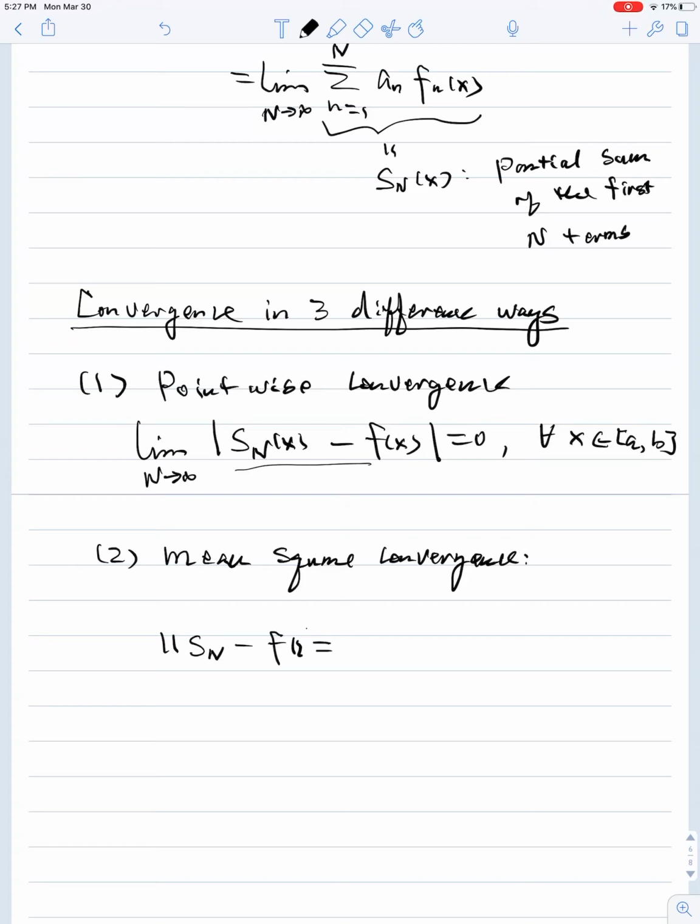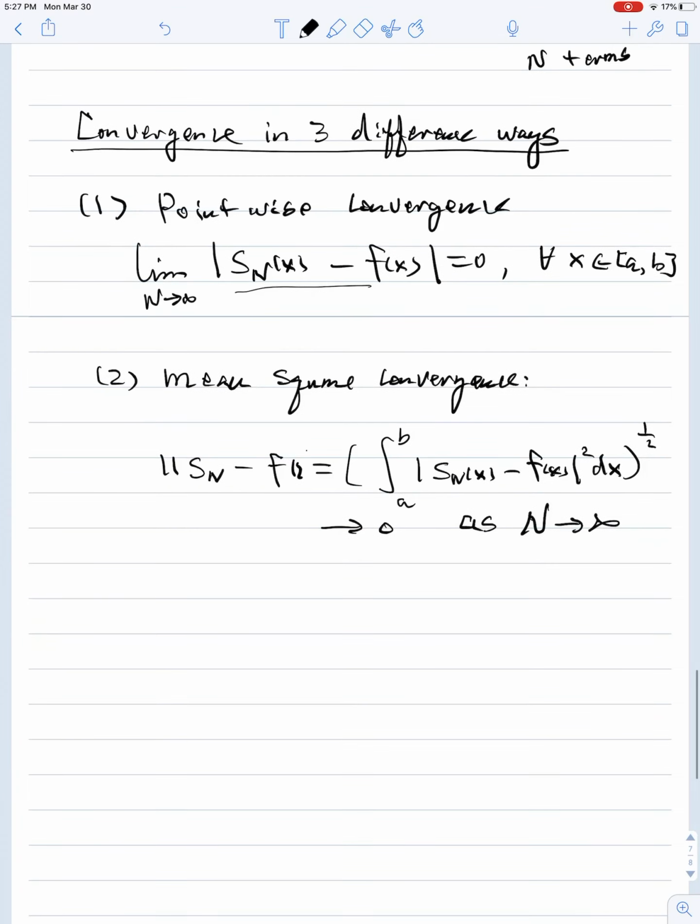This is the integral from a to b of (Sn(x) - f(x)) squared dx, to the power 1/2, and this number goes to 0 as n goes to infinity.